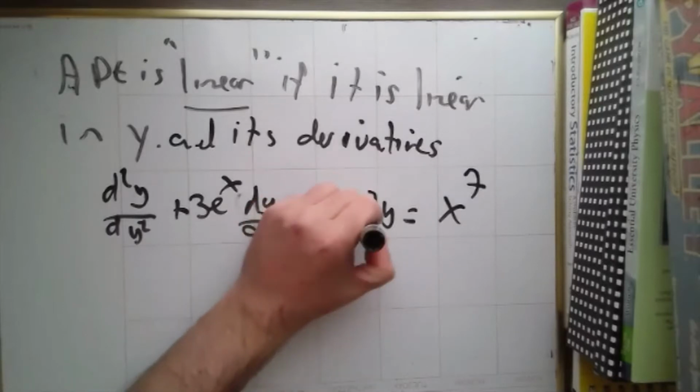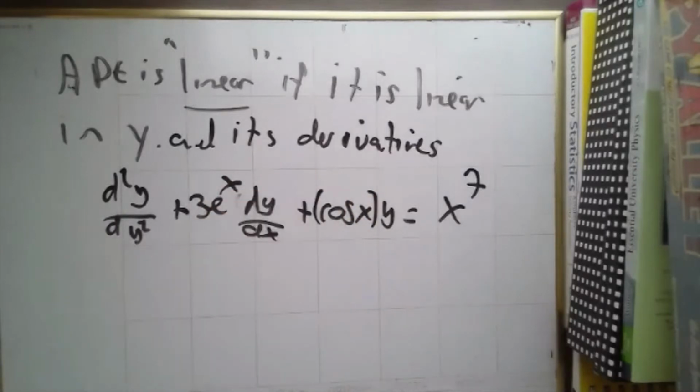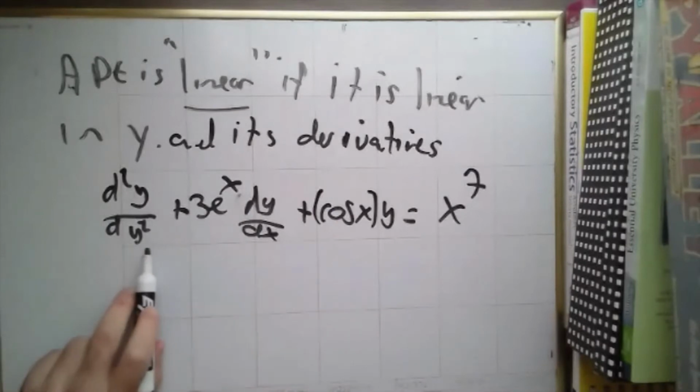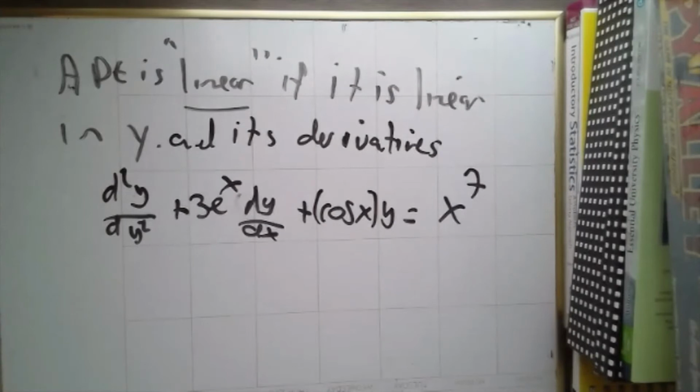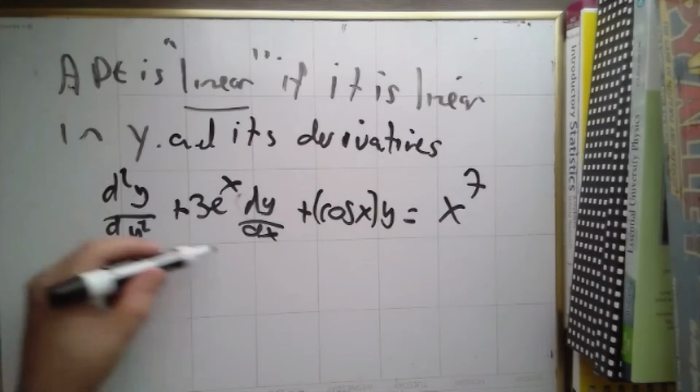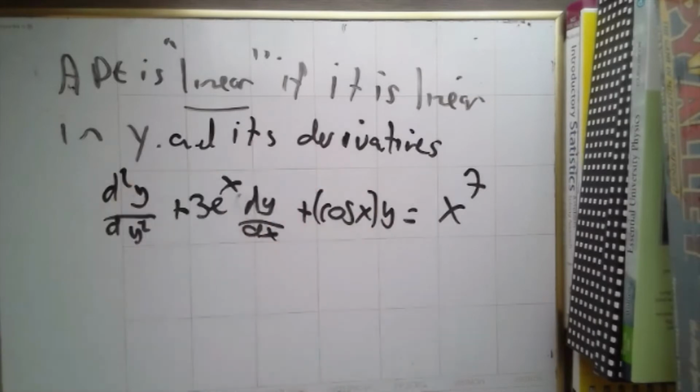All of my Y's are to the first power. I've got a Y, a first derivative of Y, and a second derivative of Y. I'm not taking any trig functions of Y. I'm not doing exponentials of Y, logs of Y. I'm not doing anything nonlinear to Y. This is a second order linear DE.